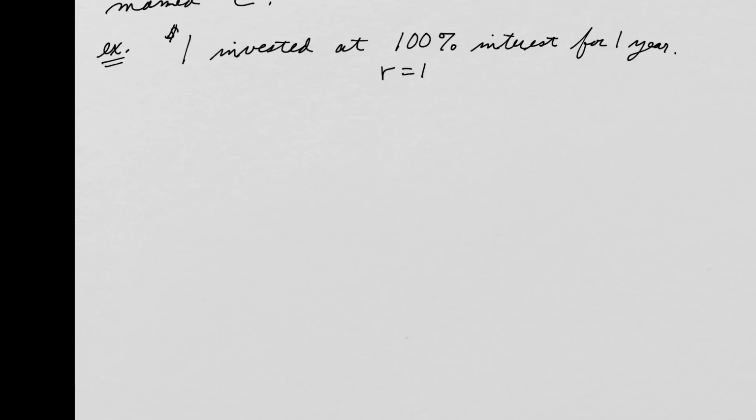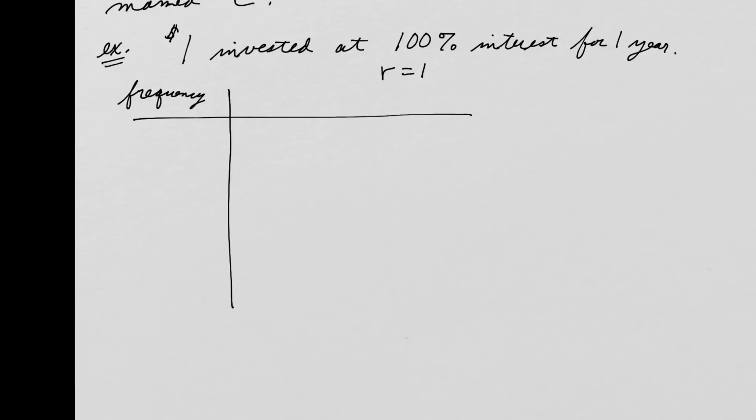So I'm going to make another table here. I have frequency, so how often it's being compounded, and then the value at 1 year. Okay, so we'll start with annual.